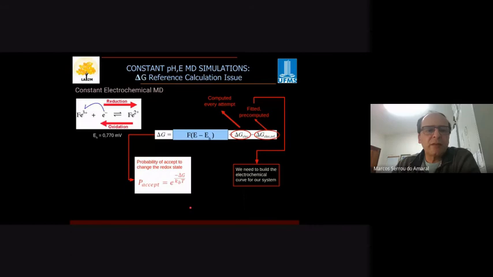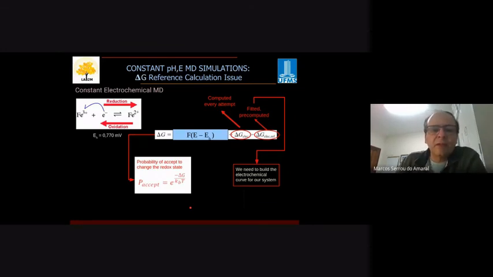Now I'm going to switch to constant electrochemical molecular dynamics. It's almost the same thing, but in constant pH you are talking about losing or gaining a proton, and in electrochemical you gain or lose an electron.